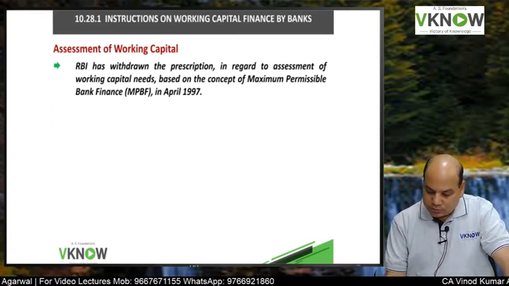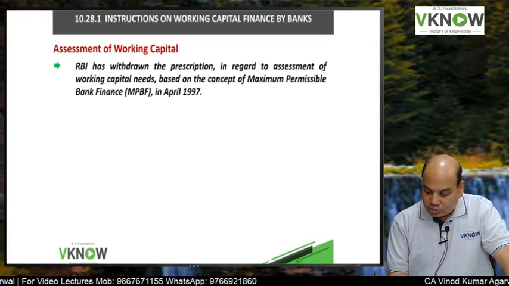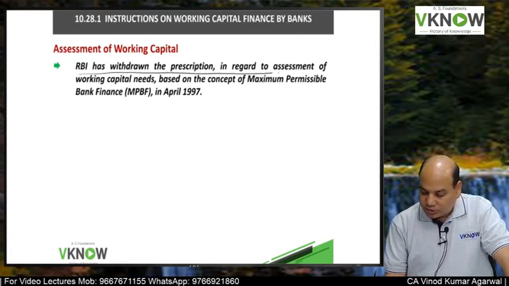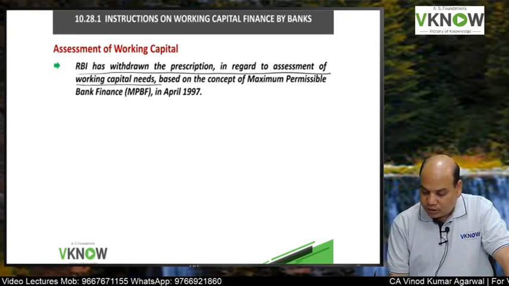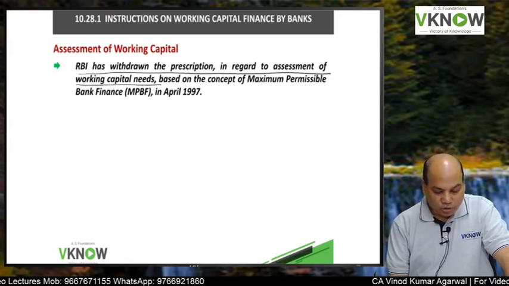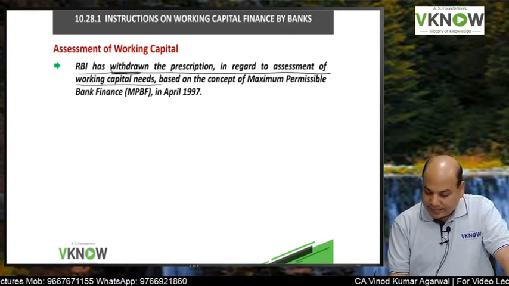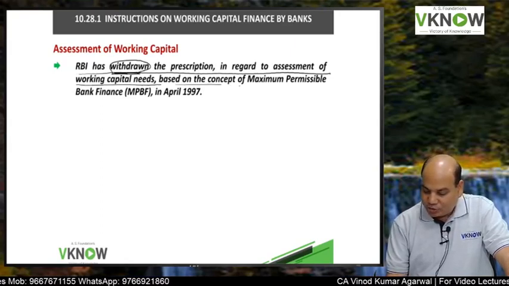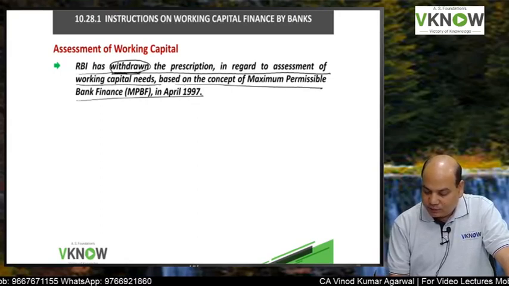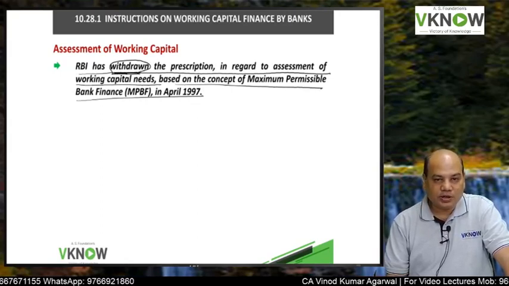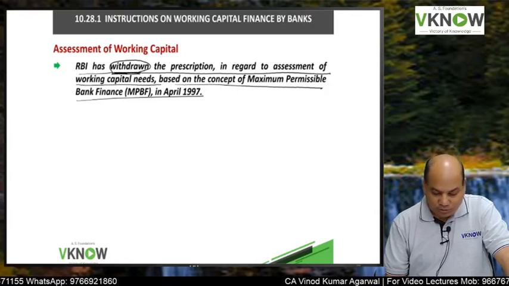Assessment of working capital. RBI has withdrawn the prescription in regard to assessment of working capital needs based on maximum permissible bank finance in April 1997. Underline the word withdrawn. Now I'll tell you some background.